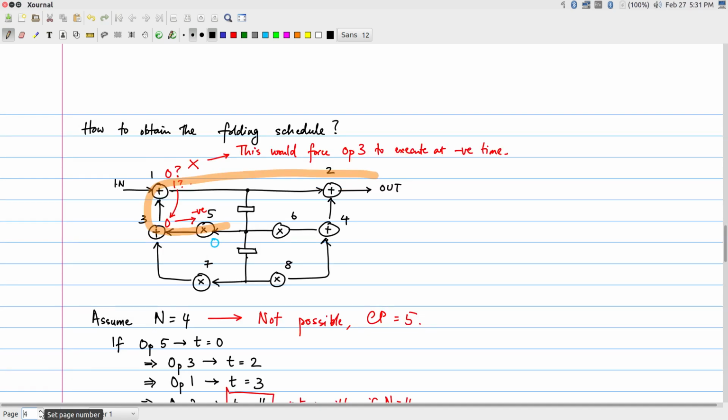What about the other operations? So I have 7, which again feeds into 3.